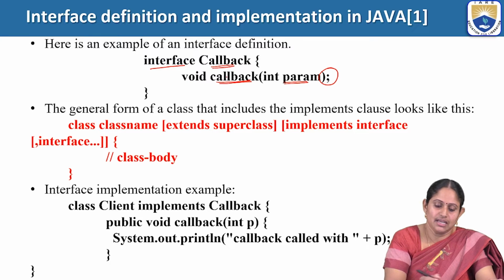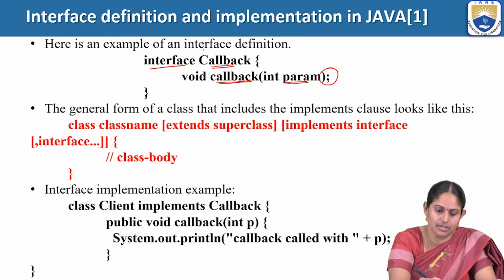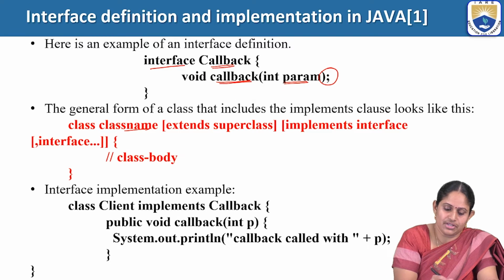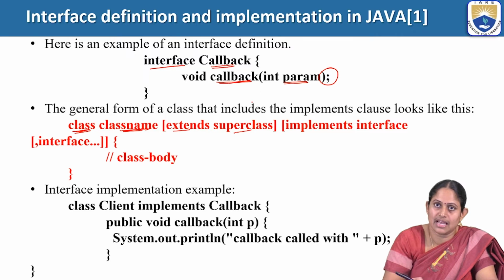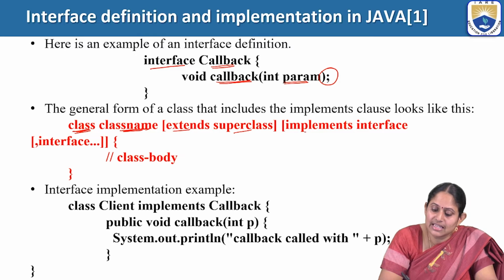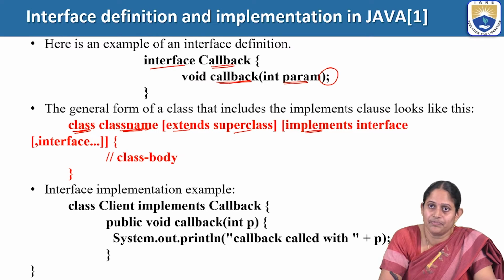Now, when you have a class implementing that interface, this is the general structure. We have the class keyword followed by the class name, then extends any superclass if it is following inheritance, and then the keyword used for implementing an interface is implements, followed by the interface.